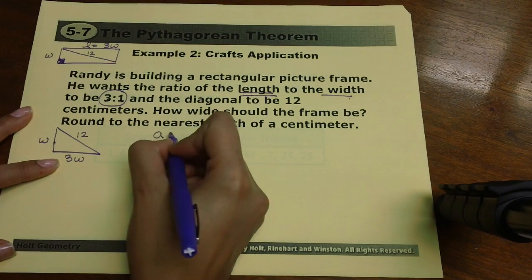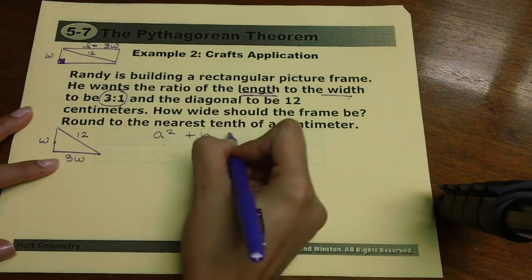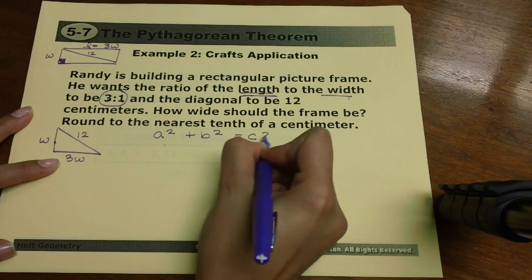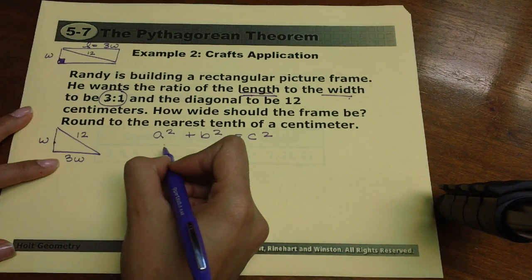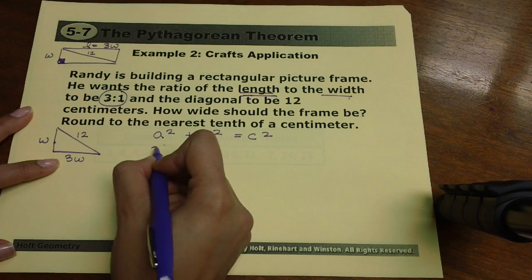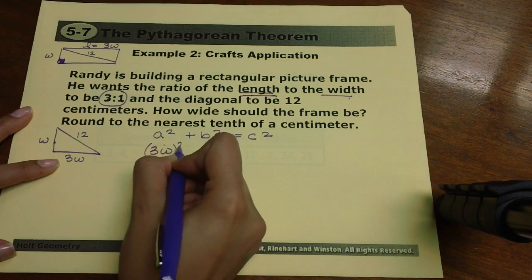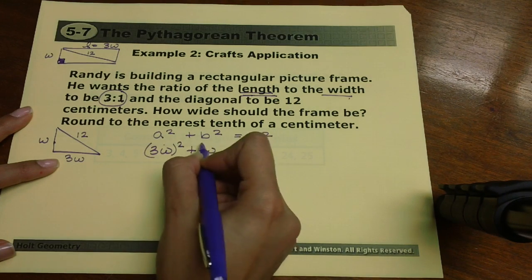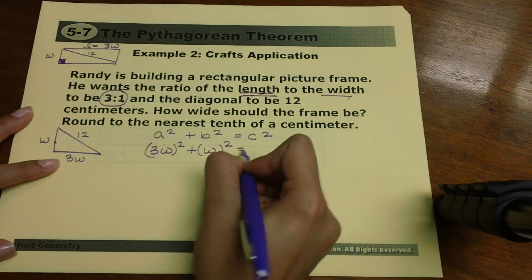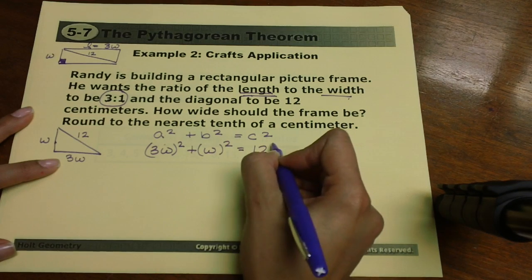I'm going to use the Pythagorean theorem, so a squared plus b squared equals c squared, where a is going to be your 3W or W, it doesn't matter, plus b is the other leg, equals, we said the hypotenuse was 12.